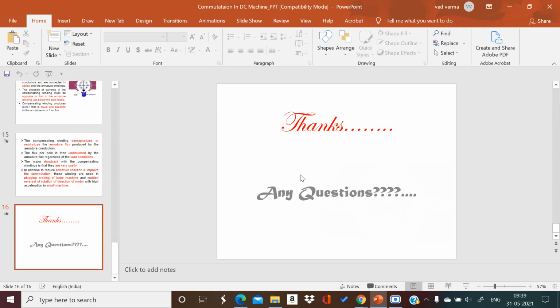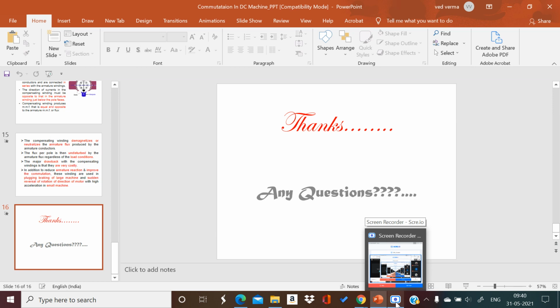If we summarize, today we discussed commutation, how the commutation process takes place, what are the characteristics of an ideal and non-ideal or practical commutation, and how the sparking is produced. The main takeaway point is that sparking is produced due to the self inductance of the coil. And another is how to improve the commutation.